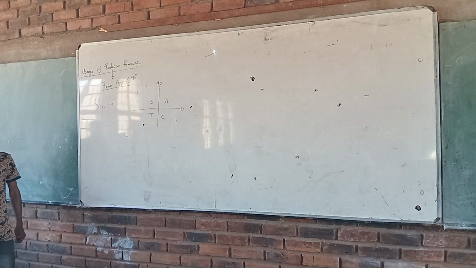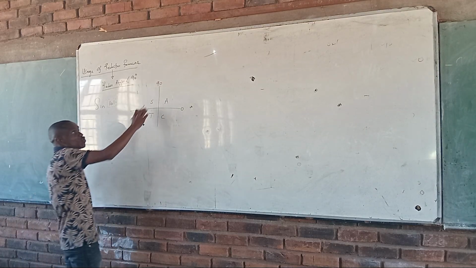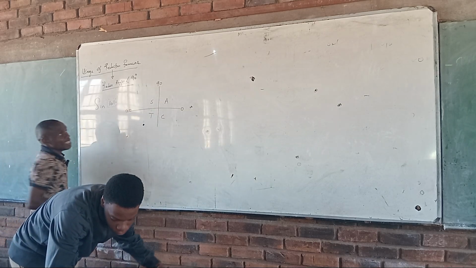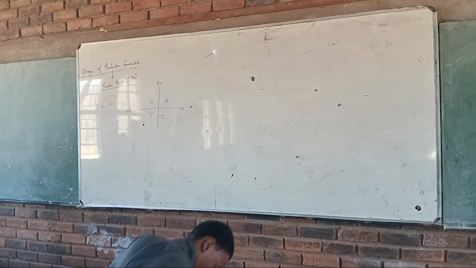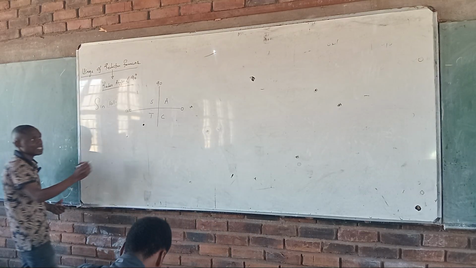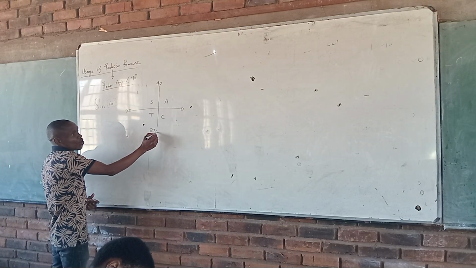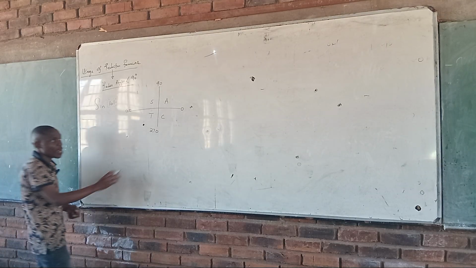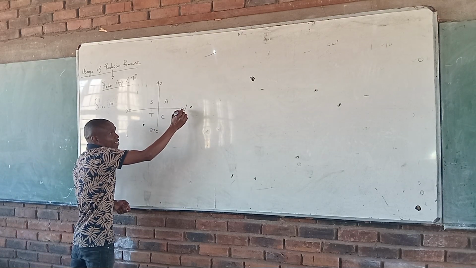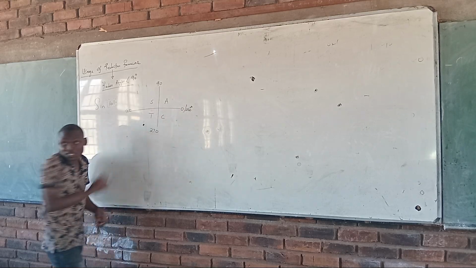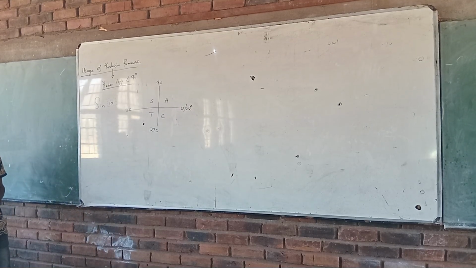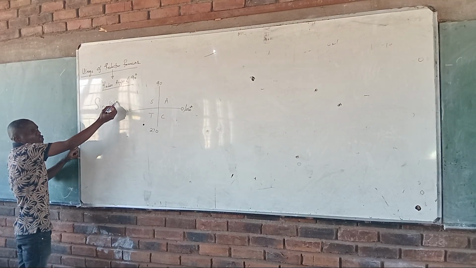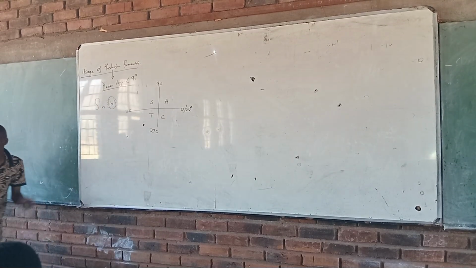In the second quadrant, we have the angles between 90 and 180. In the third quadrant, we have angles between 180 and 270. Well, in the fourth quadrant, we are working with angles between 270 and 360. This is a cast diagram. All students takes coffee.